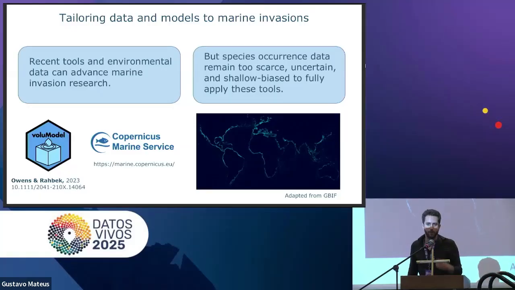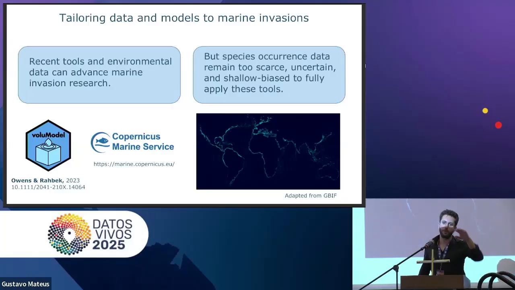So now we have the tools and we can start using it. But the species occurrence data remains very scarce, uncertain, very biased towards shallow waters, close to continents, close to country-owned waters. So we need to improve the data to fully use these tools and test things.